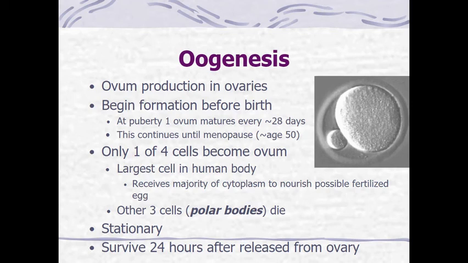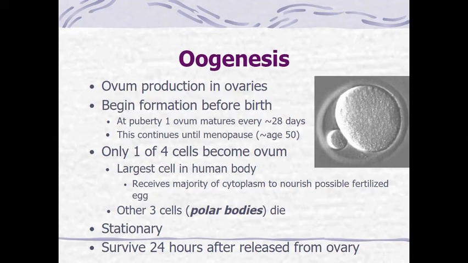So oftentimes we hear that a female has a fertile period every month that's about three days long. And the reason for that is even though the egg only survives for 24 hours, remember, sperm can survive for up to 48 hours.